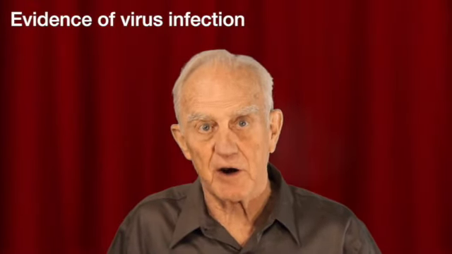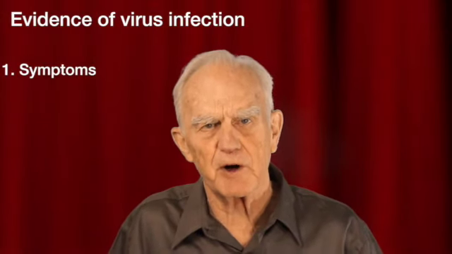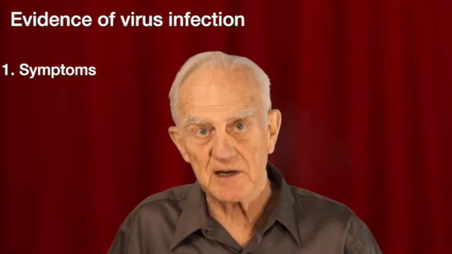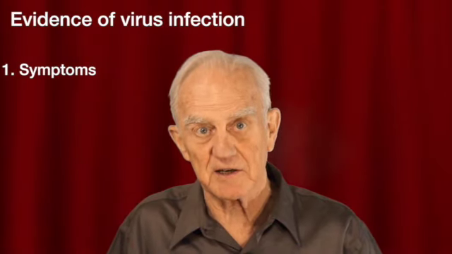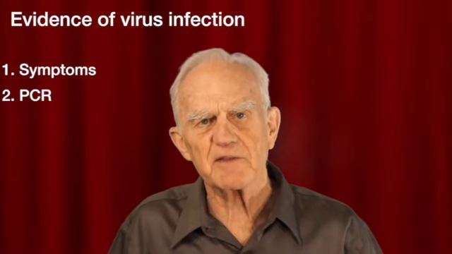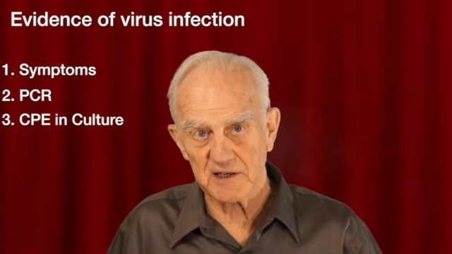Evidence that the patient had a virus infection was based on 10 solid observations. The patient had symptoms. Her blood tested positive for virus-related sequences using low stringency PCR. Cells from her blood cause a cytopathic or cell damaging effect when cultured with other cells.